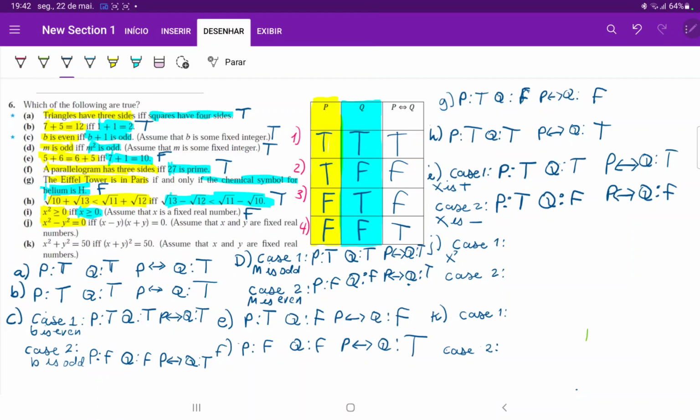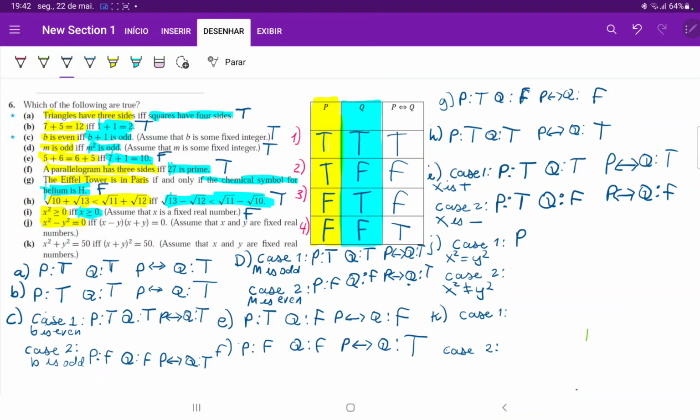So case 1, X squared is equal to Y squared, and case 2, X squared is not equal to Y squared.